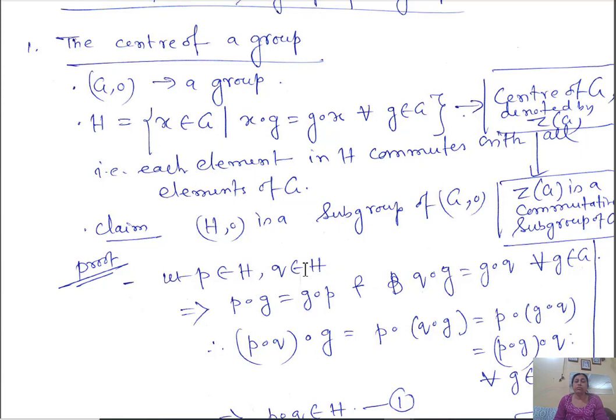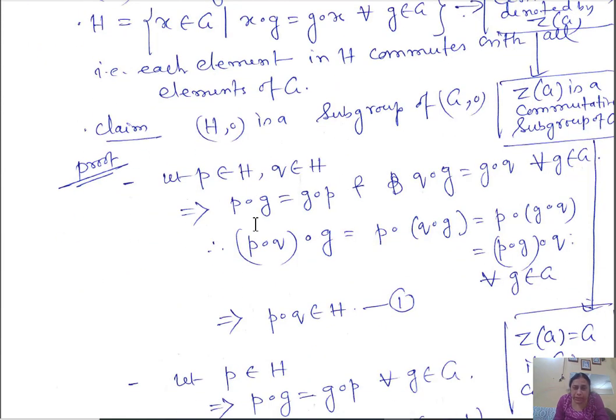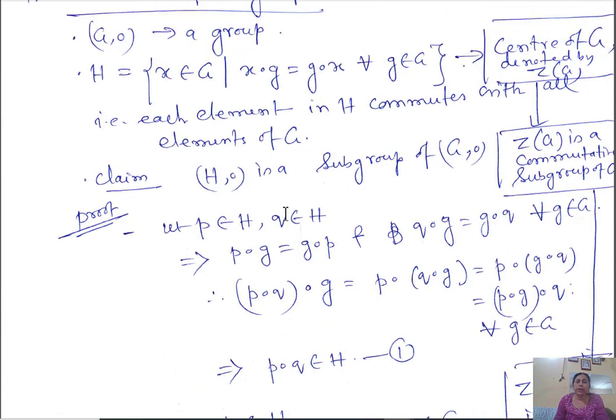And q also belongs to H. This means q composition g equals g composition q for all g belongs to capital G. Now I have to show that p, q belongs to H implies p∘q belongs to H. That means p∘q composition g will be equal to g composition p∘q. So let us check that. From here I get this relation and this relation.